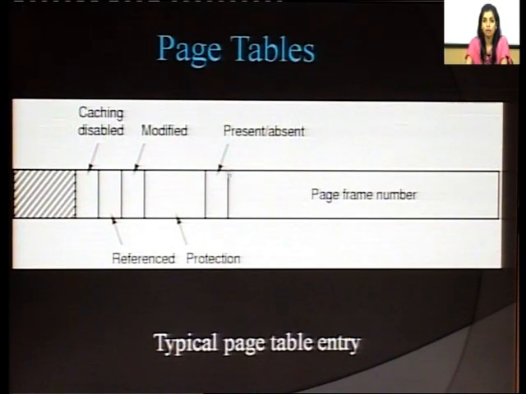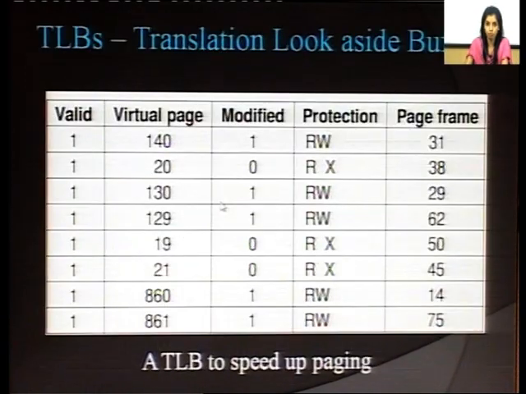Present or absent means, is this page present in memory or not? If that page is not available in memory, then it shows absent. If that particular page is present in the page table, then it shows present. So, this is the translation lookaside buffer.